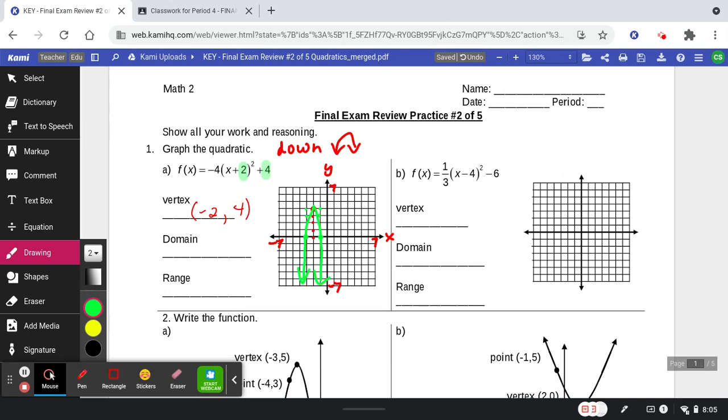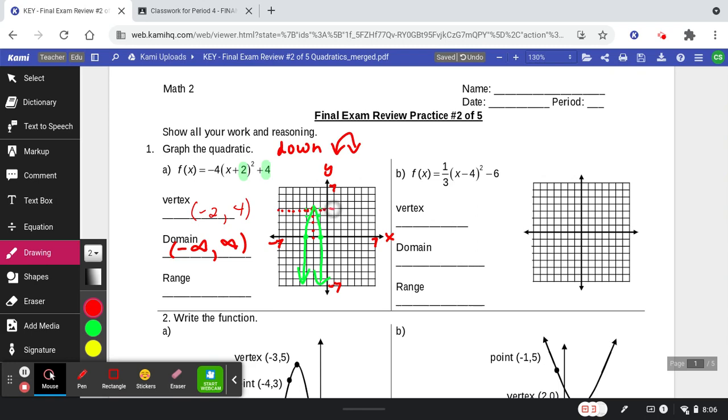Next, they ask us for a domain and range. Just as a quick reminder, the domain of any parabola goes forever left from negative infinity to forever right to infinity. And then my range definitely has an upper limit in this parabola because it's upside down. The range stops right there at that 4.